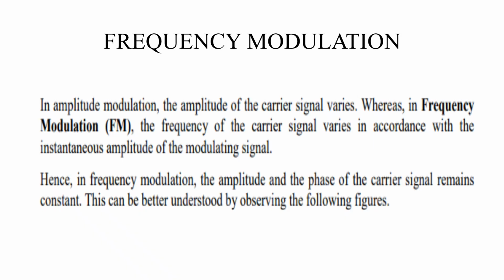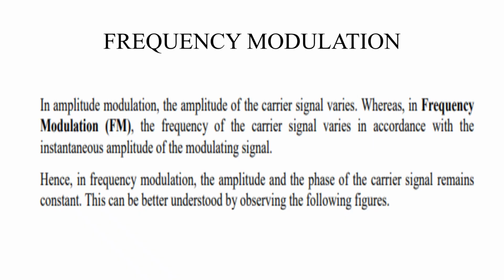By definition, frequency modulation is defined as the frequency of the carrier signal being varied in accordance with the amplitude of the message signal. Normally a signal has three parameters: amplitude, frequency and phase.